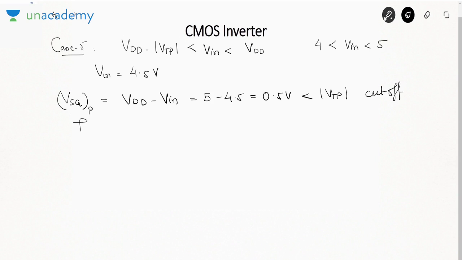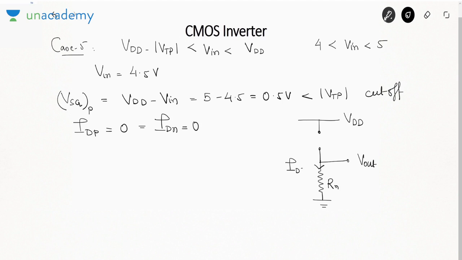If it is in cutoff mode, the drain current of PMOS is 0, but both transistors are in series. So IDN is also 0. So that means your PMOS will be modeled as open circuit. If there is no current flowing in the device, what is Vout? Vout is ID into Rn, that is 0.